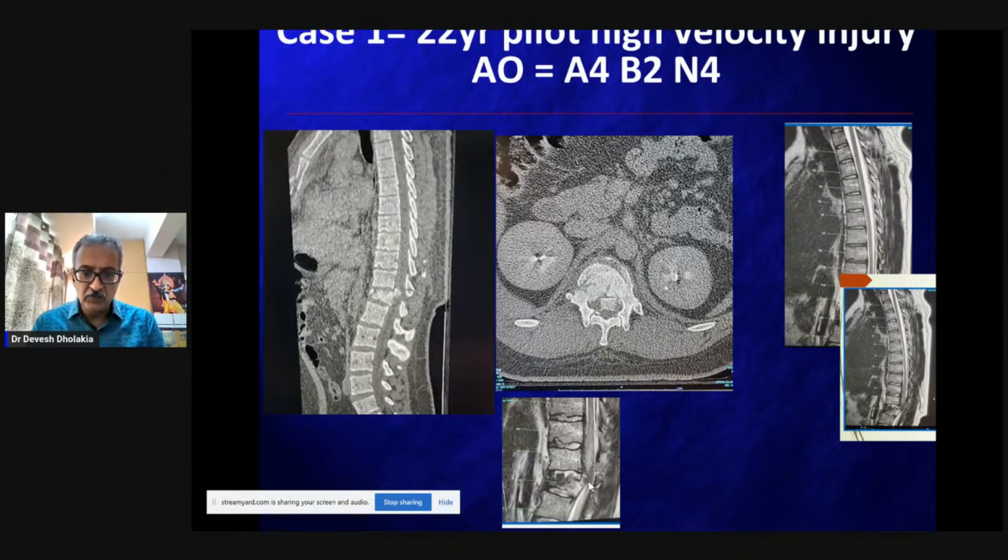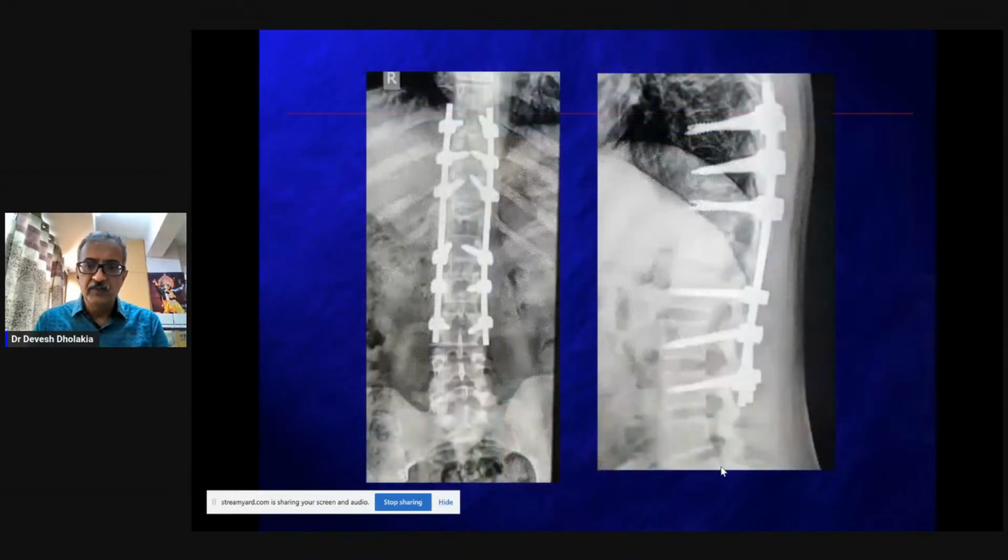That's the spinal cord compressed. So we fixed him up. Posteriorly, we went, punched back the fragment, freed the spinal cord of all the compressing structures, and stabilized with a pedicle screw. The patient could be mobilized early, and recovered over the next 6 months.